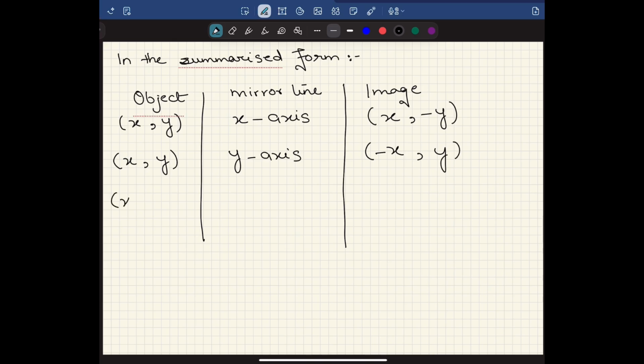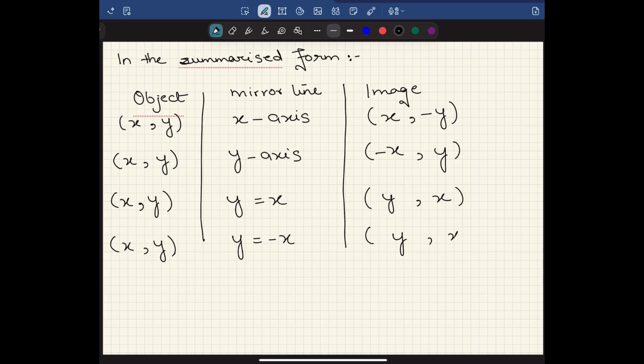If we reflect the point xy along the line y is equal to x, what happens? We swap the coordinates. And if we reflect xy along the line y is equal to negative x, not only do we swap the coordinates, we also change the sign of the coordinates. So these are 4 handy rules that can save you a lot of time.